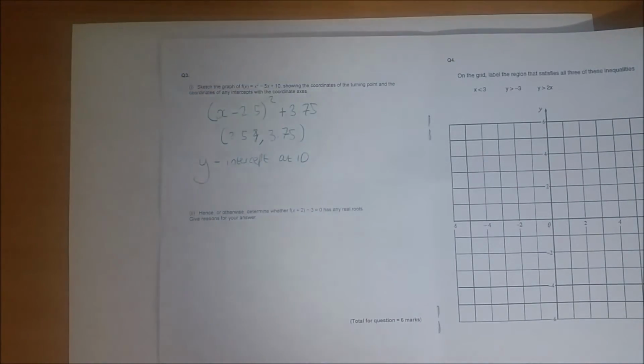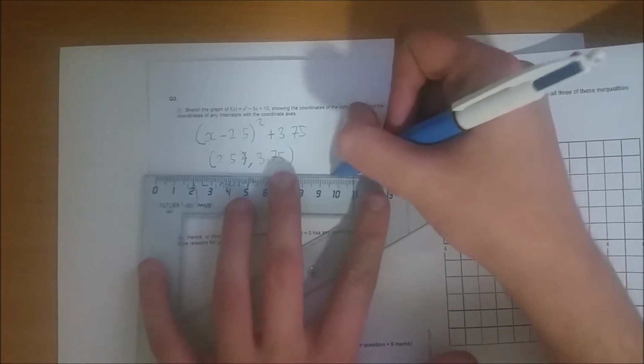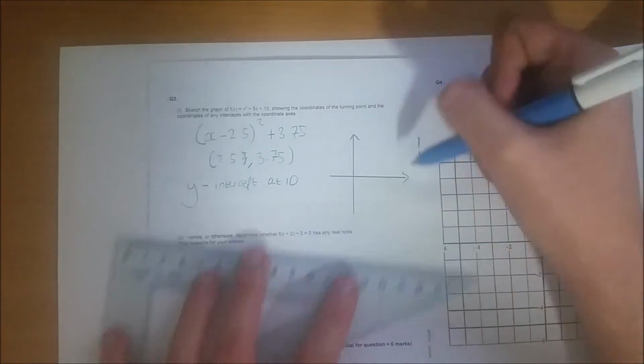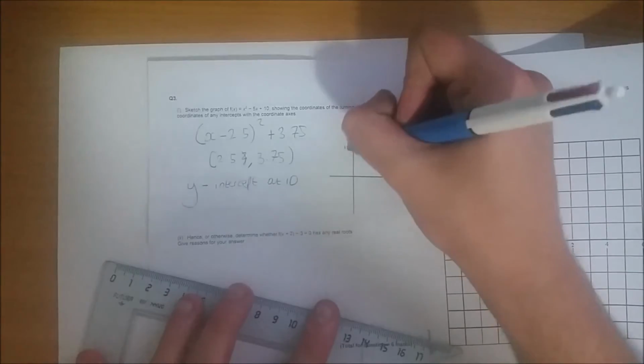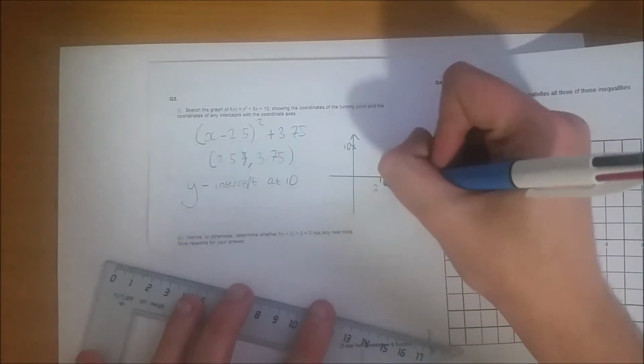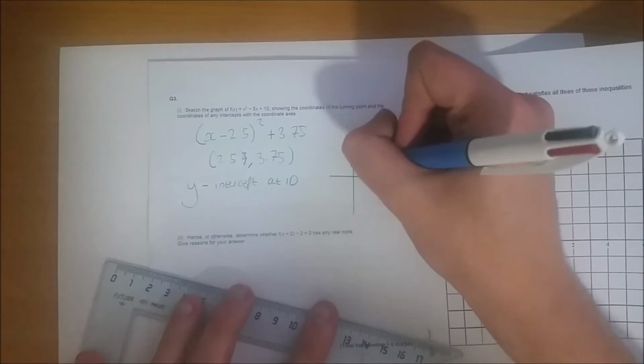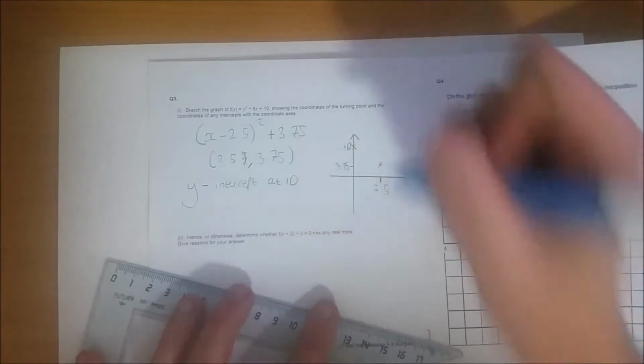So you can then sketch that, because you know that the y-intercept is 10, so put that point on, and the turning point is when x is 2.5 and y is 3.75.